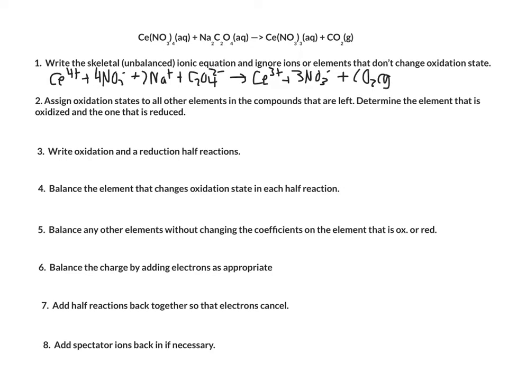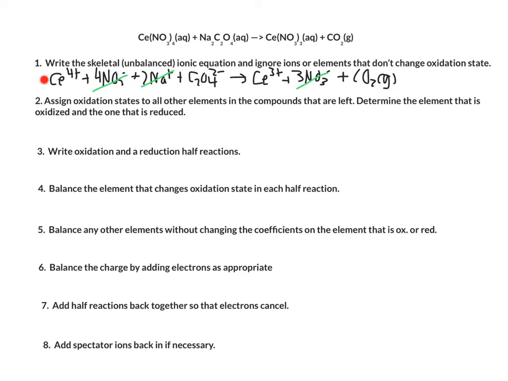And I can't break up the CO2 because that's a covalent compound. From this, I can see that the cerium clearly has changed oxidation state. The nitrate has stayed the same, and there's no sodium over on the product side at the moment, so I'm going to suspect that that is also a spectator ion. So we can cross off the nitrates and the sodium and ignore them for the rest of this problem.